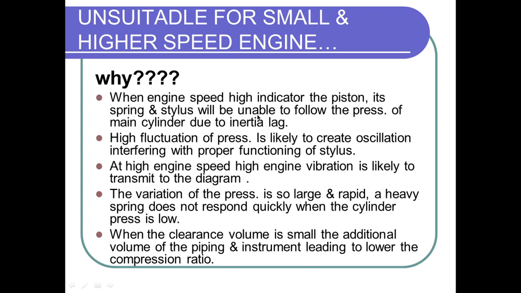High fluctuation of pressure is likely to create oscillation, interfering with the proper functioning of the stylus. We saw the rpm up to which it is valid, so why are we not moving it to higher rpm? Because of inertia lag, and high fluctuation of pressure creating oscillation that interferes with the proper functioning of the stylus. At high engine speed, high engine vibration is likely to transmit to the diagram.